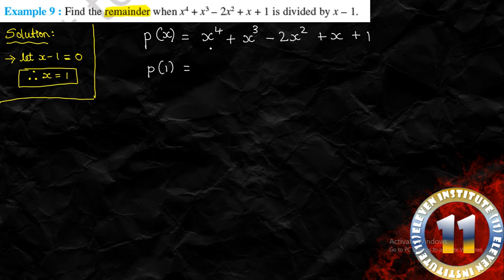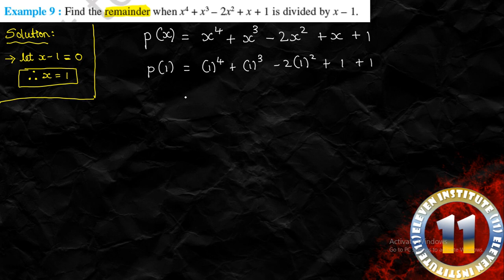So now P of 1. Instead of x we will write 1 everywhere. 1 raised to 4 plus 1 cube minus 2 into 1 square plus 1, and this plus 1 was already there. As you can see, instead of x we have put 1 everywhere.